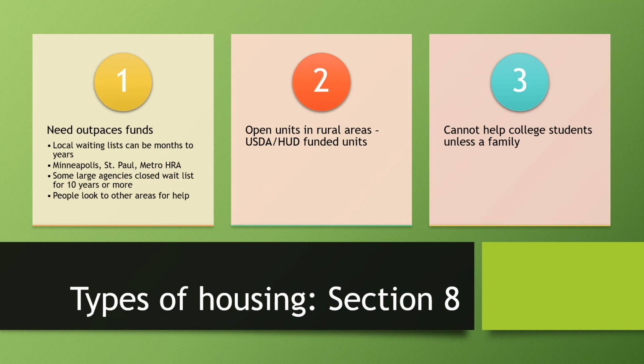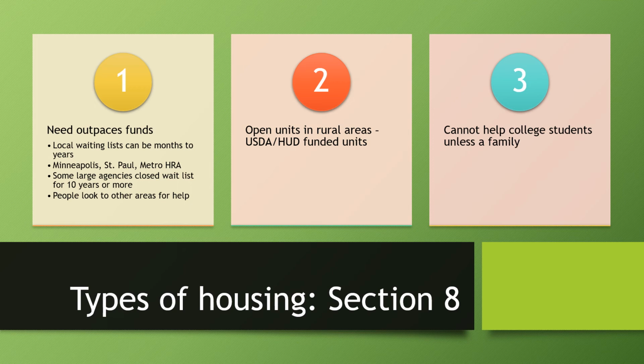Minneapolis, St. Paul, and the metro HRAs, the Twin City areas, recently opened their applications process but closed them shortly after. Receiving tens of thousands of applications, it will take years to go through those.